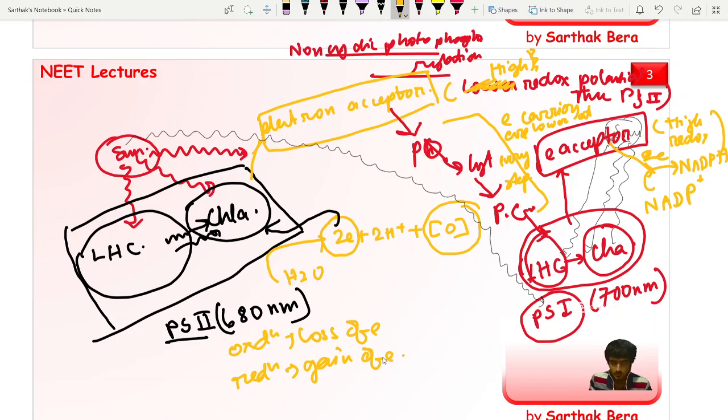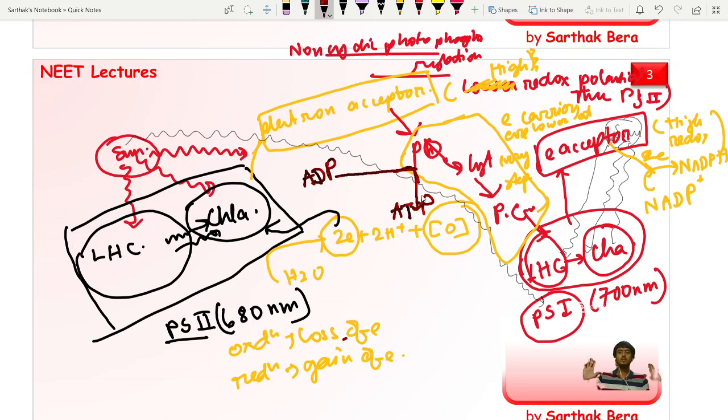This is very simple, and you have to remember these electron carriers, while passing the electron, convert ADP to ATP. These electron carriers, while passing these electrons, convert ADP into ATP.